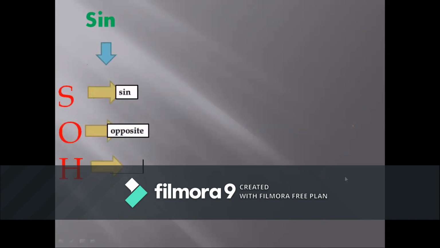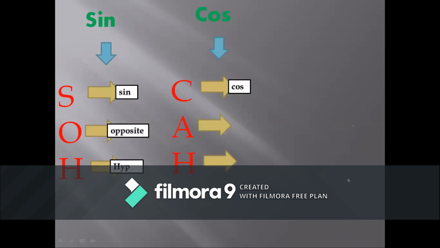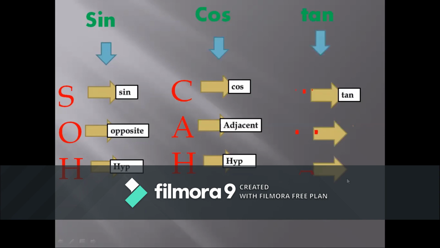You can now see all three ratios: sine is SOH, cos is CAH, and the third one, tan, is TOA. For memory, you can say SOH CAH TOA.